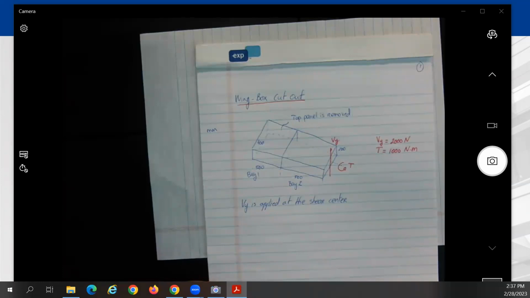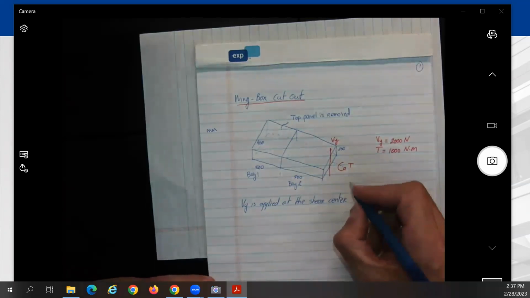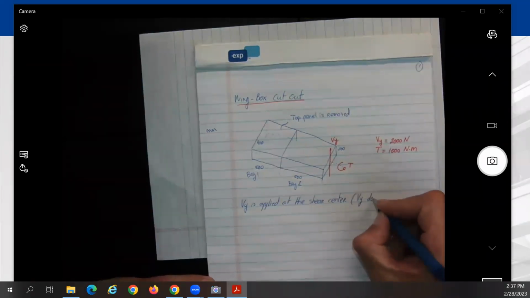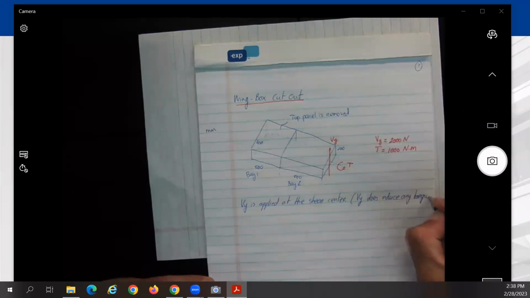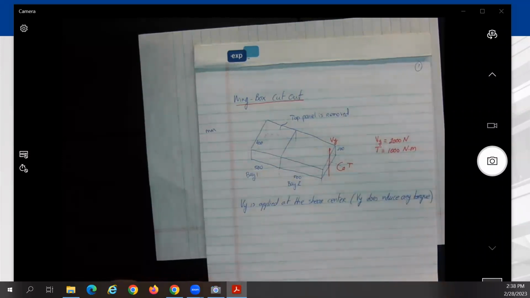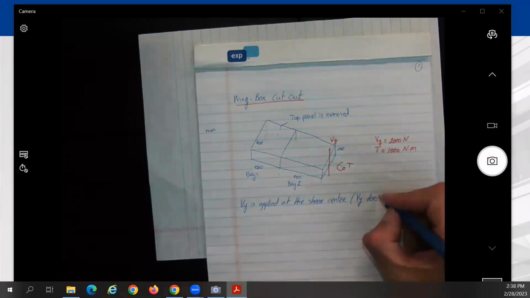So basically it will be pure bending at that point. If you look at it, it would just be moving up or down at that point due to the Vy. So this is applied at the shear center, so we mean Vy does not induce any torque.